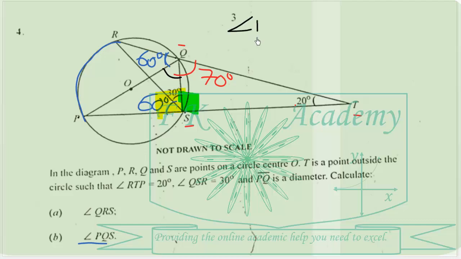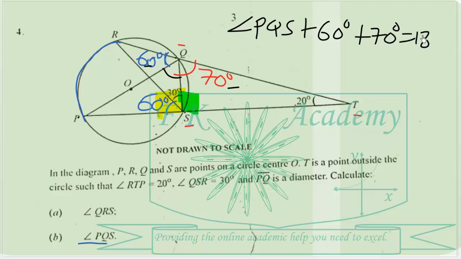So angle PQS plus 60 degrees, this 60, plus this 60 degrees, plus this 70 degrees should be equal to 180 degrees. Sum of angles in a triangle.